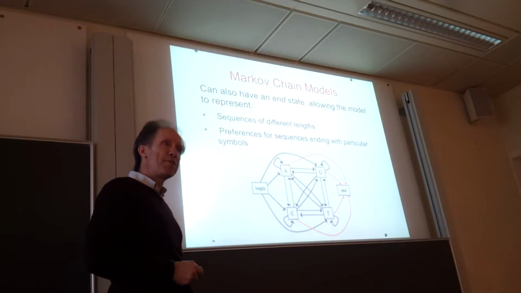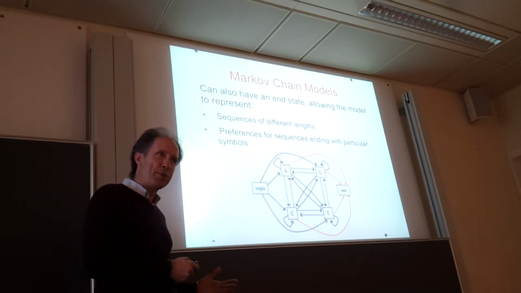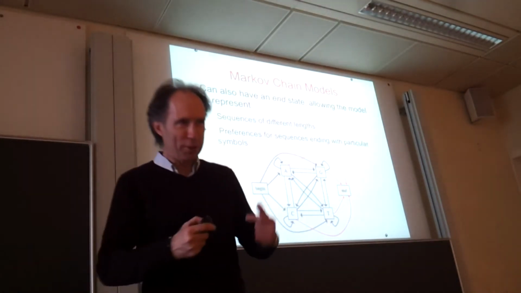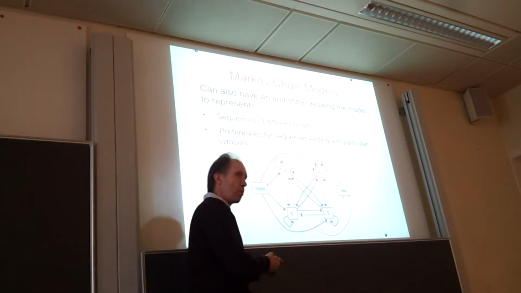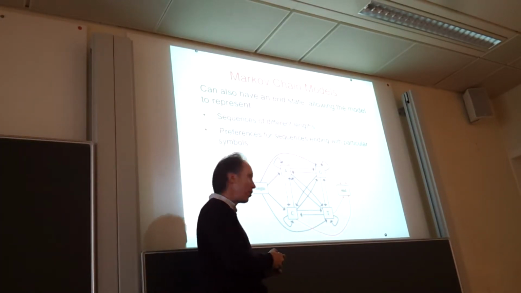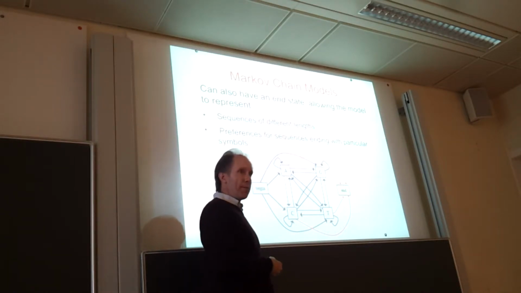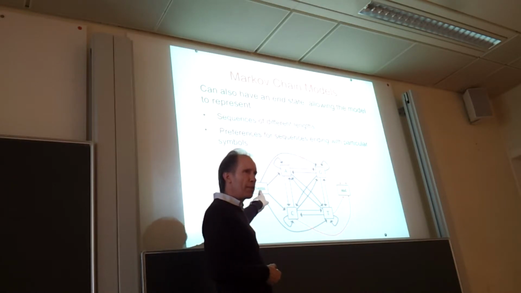Do you see a difference? Now we have more fun even. We not only say I want the sequence to start in the begin state, you know what, I want this sequence to end in the end state. You can do that. But then you have a few more probabilities you need. Now you need also transition probabilities. In the earlier model, how could you demand that the sequence should start with the letter A?